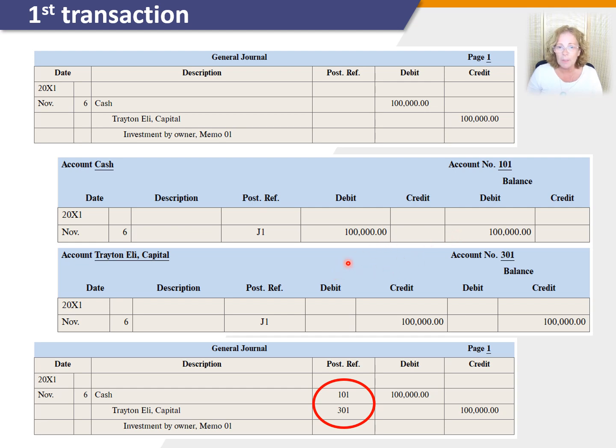We follow the same steps: enter the date, the description and the posting reference, and then the credit amount of $100,000, and write the amount of $100,000 into the credit balance column. Our last step is to enter the posting reference on the general journal, which is the account number of the account that the general journal was posted to.